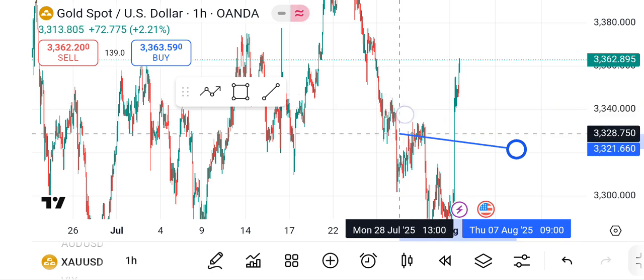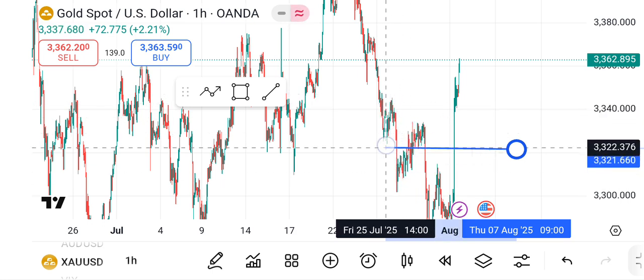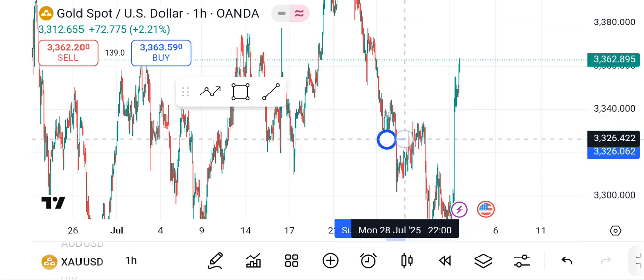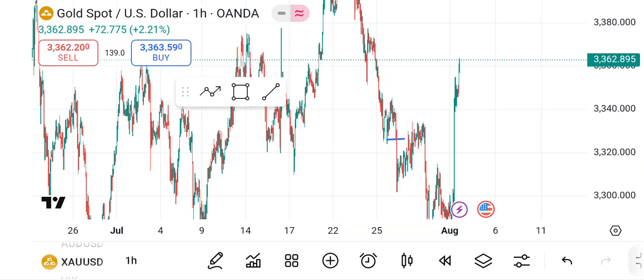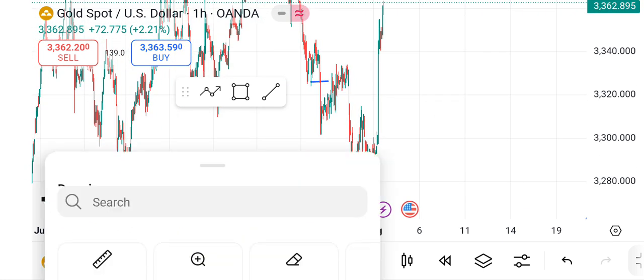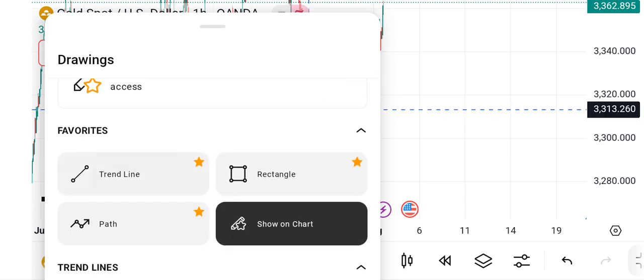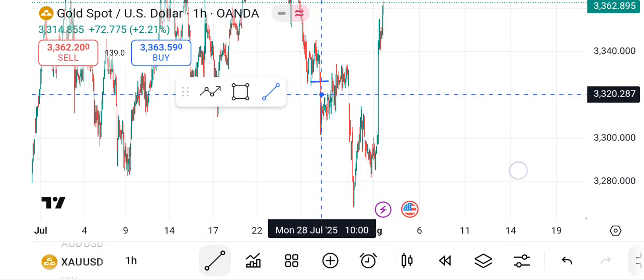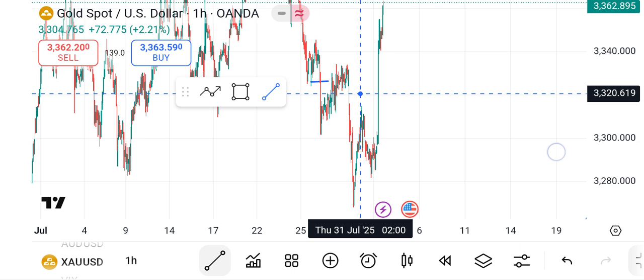Higher low, lower low. It broke that last structure. Again, let me show you. It came here, broke this last structure.